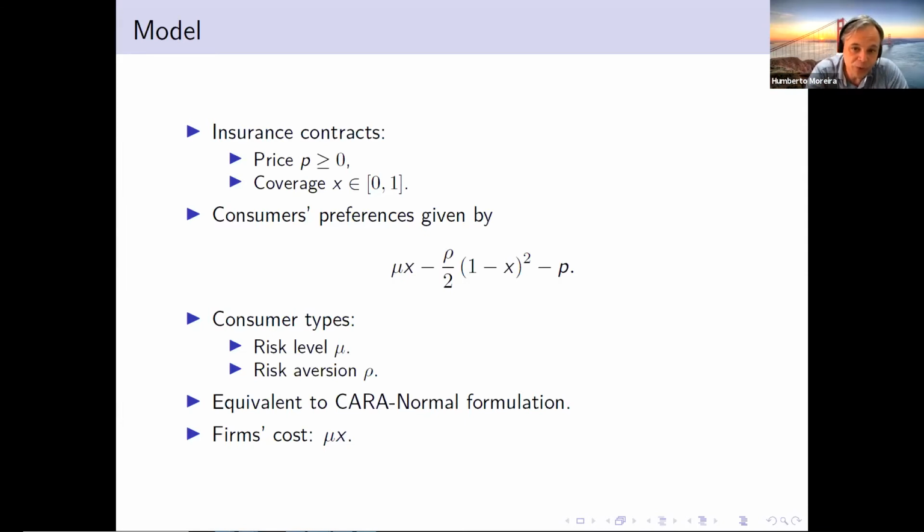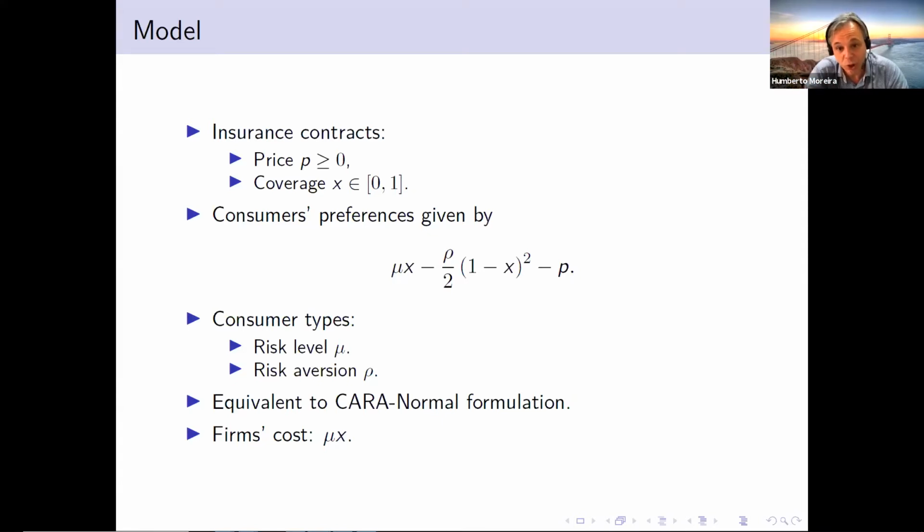And the consumer's preference on coverage is going to be a quadratic specification, right? In this quadratic specification, there are two parts. One is linear with respect to the coverage level, which means that the marginal willingness to pay for coverage is exactly his risk type, which is mu. And there is a quadratic loss, which depends on the difference between x and 1, where 1 is the maximum amount of coverage, right?